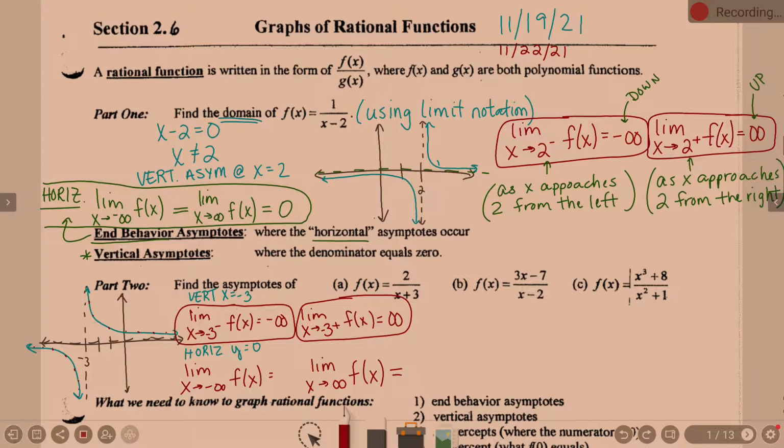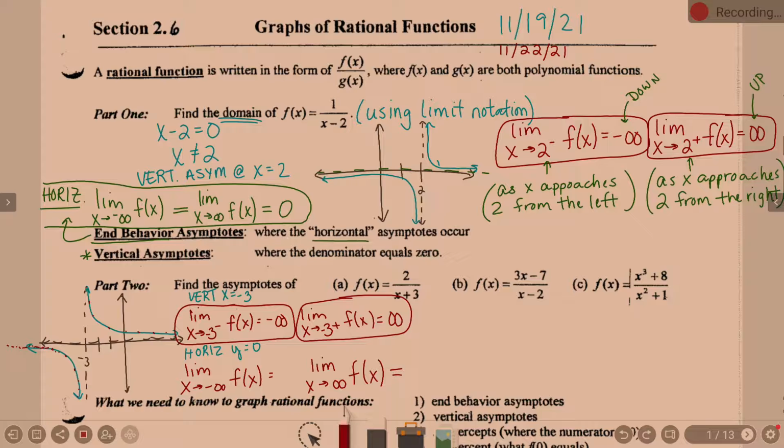Okay. So now, as x approaches -infinity. So, okay, think here. As I trace my graph off to the left side, what y value am I approaching? 0. I'm getting closer and closer to the x-axis, which is a y value of 0, right?